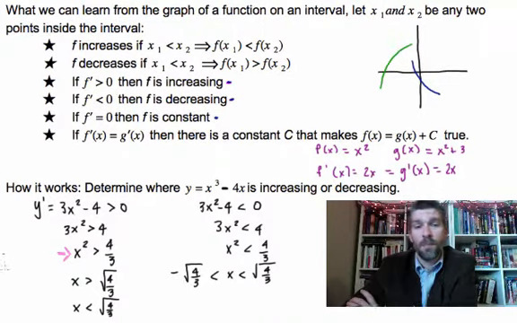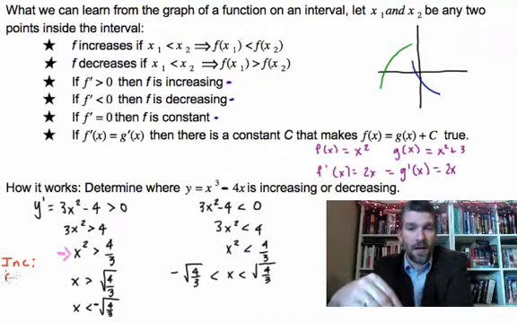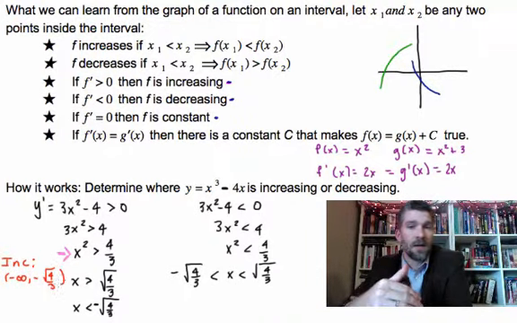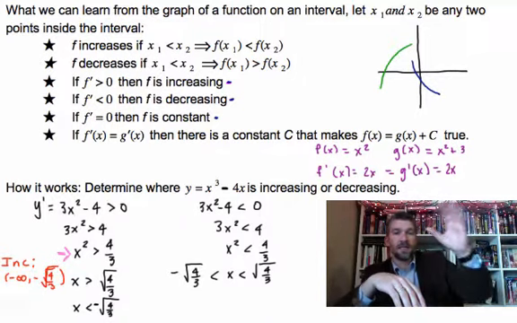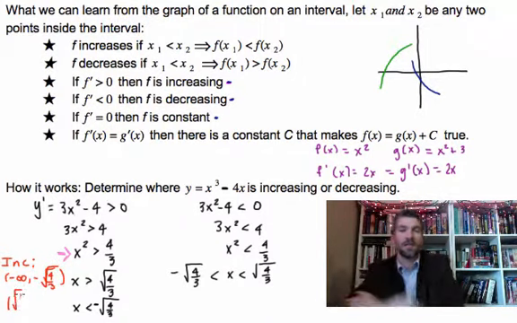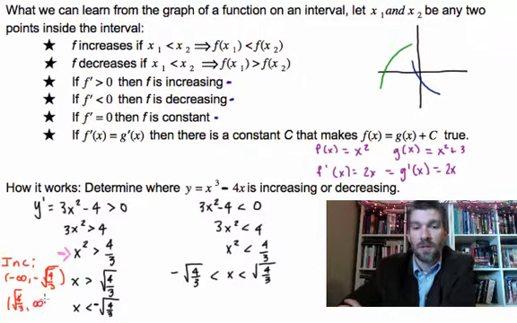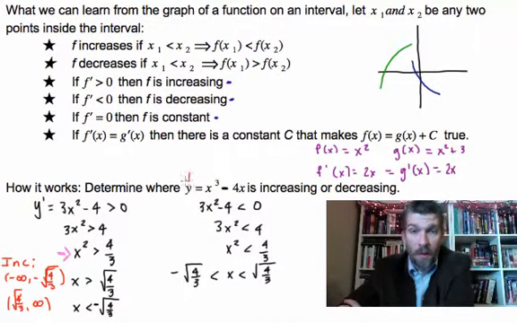And if you figure out on your calculator the decimal value for 2 divided by the square root of 3, and then you look at your calculator graph of the original function, those max and mins are the turning points: it increases until you get to that max, and it decreases until you get to that min of the original function, and those values will match what we just discovered. So where are you increasing?